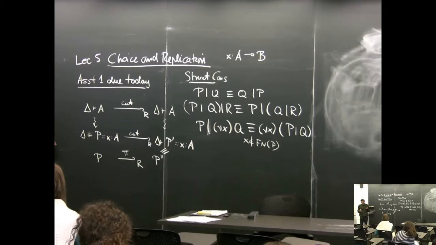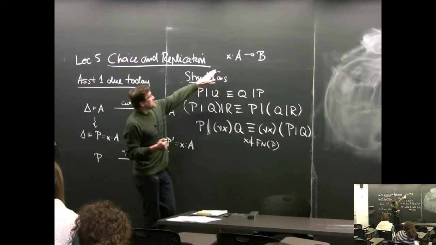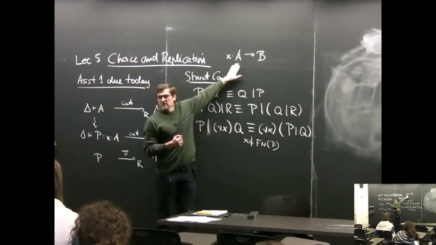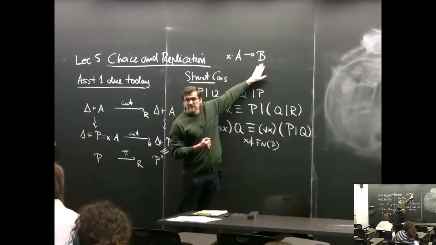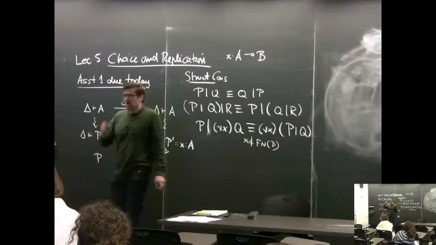We expect a channel, which we pass A, and then we pass B back. So if we offer this service, we input a channel of type A along X, and then we offer the service B along X.